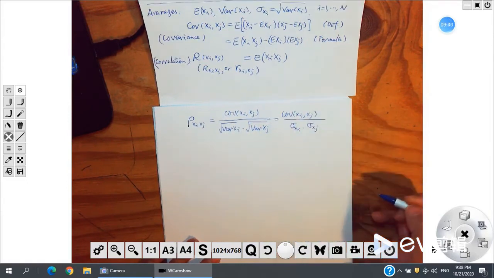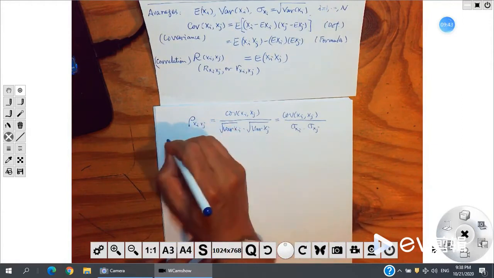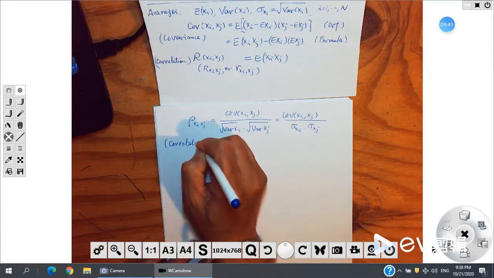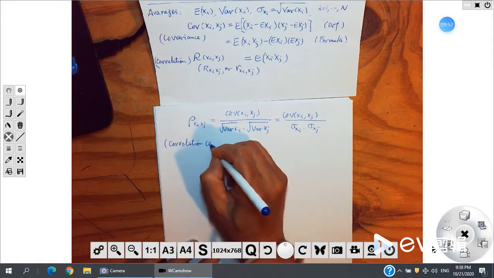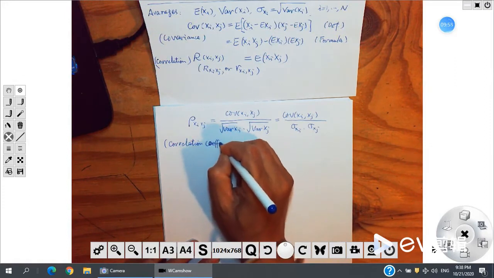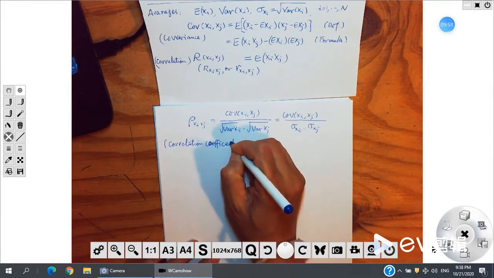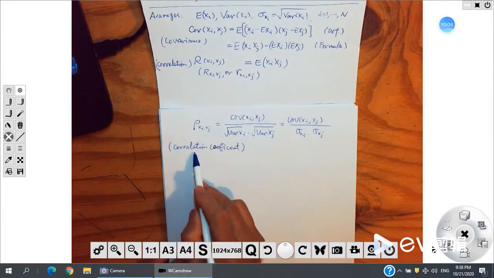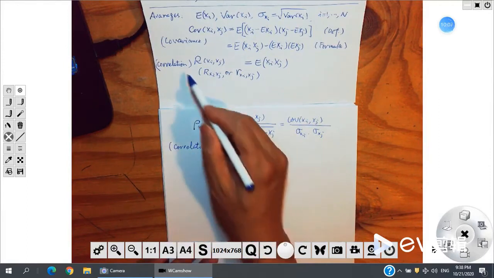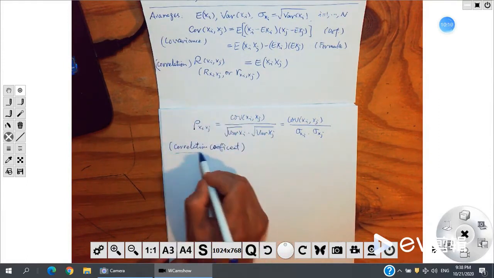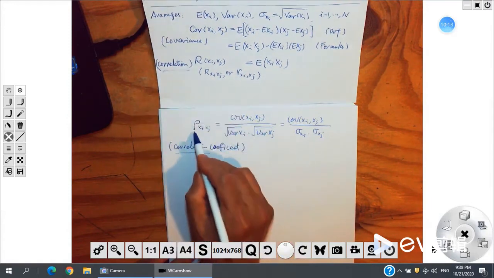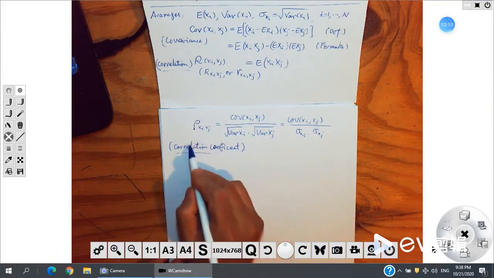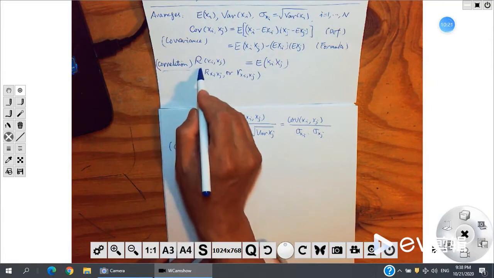This one is called the correlation coefficient. The name is similar to correlation, and sometimes confused because they contain the same part, but the name of this rho is longer, with another word, coefficient. So this is the correlation coefficient, and this is just correlation. They are different.